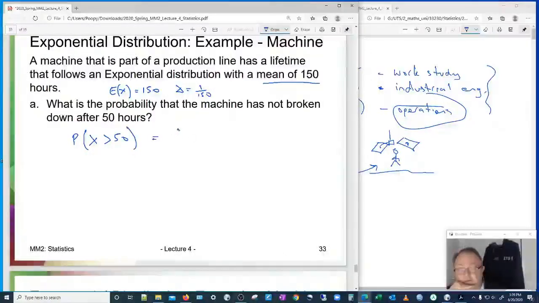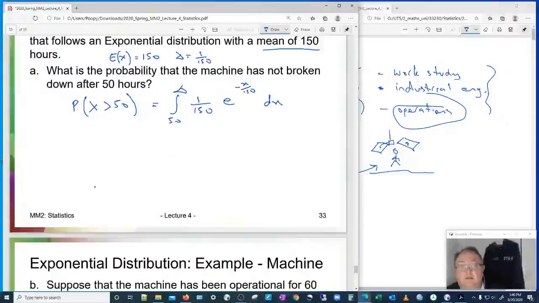The probability for success can be created from 1 over 150 e to the minus x over 150 dx, and we get 1 over 150. Again, going through all of your u substitutions here, setting this up so that the e will cancel out the 150.